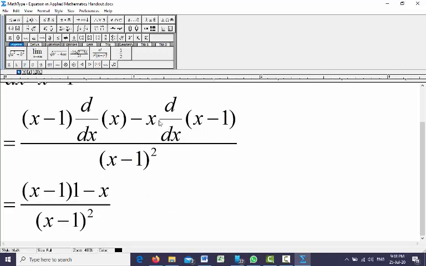This x you don't have to differentiate because it is behind d by dx. It will stay as it is. And x multiplied by 1, you don't have to really write it, you can just ignore it.